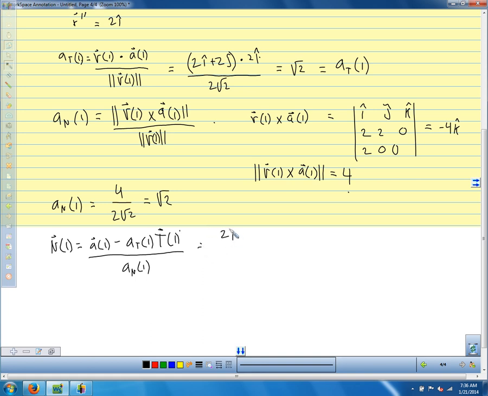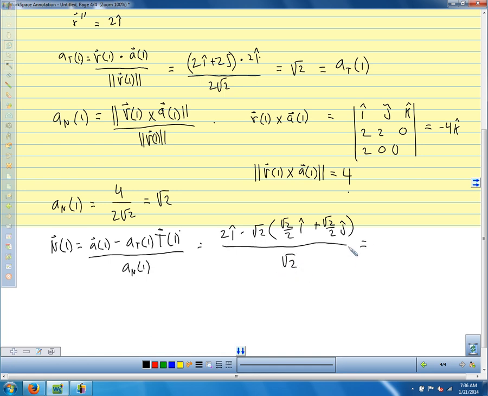So that's going to be 2i minus square root of 2 times, and I've rationalized my denominators here, for our unit tangent vector. And this is all divided by the square root of 2.